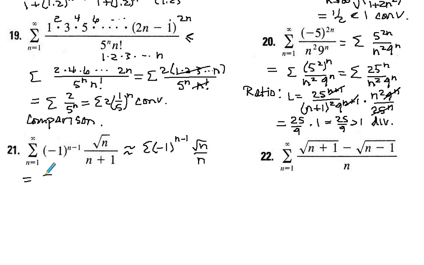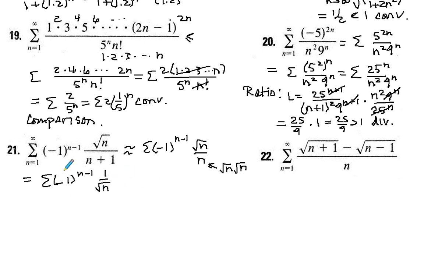So that's the same as the sum of -1 to the n minus 1, and then this would be 1 over square root of n, or 1 over n to the 1/2. Okay, because you can think of n as root n times root n. You can cancel those and get 1 over root n.